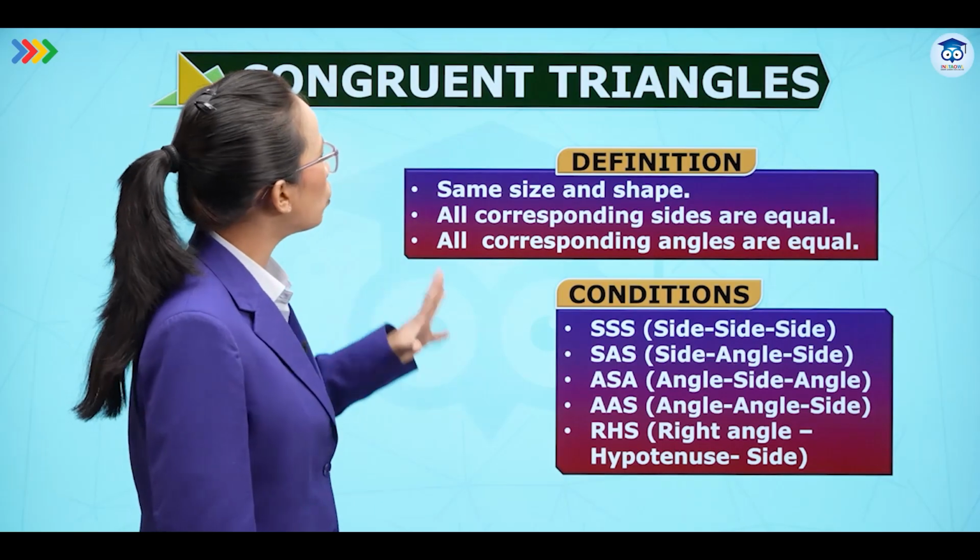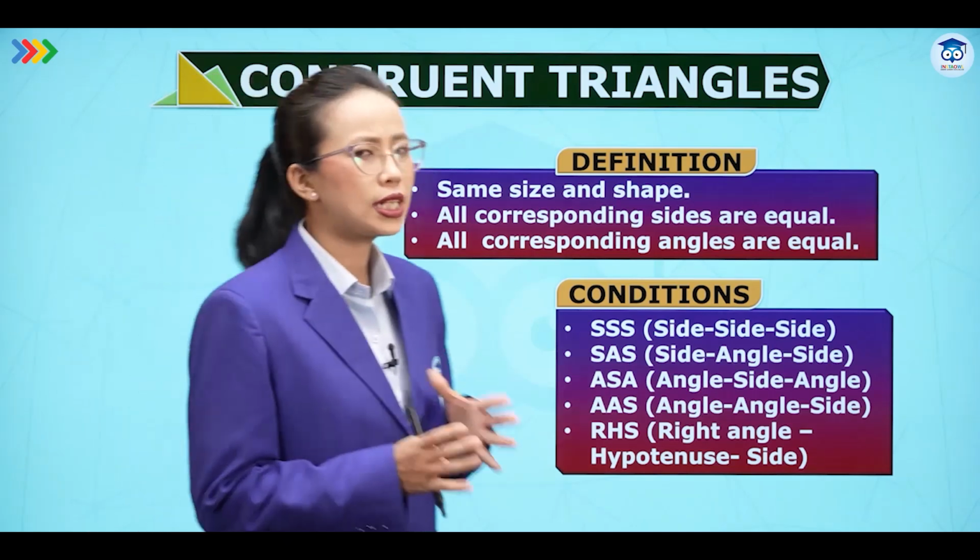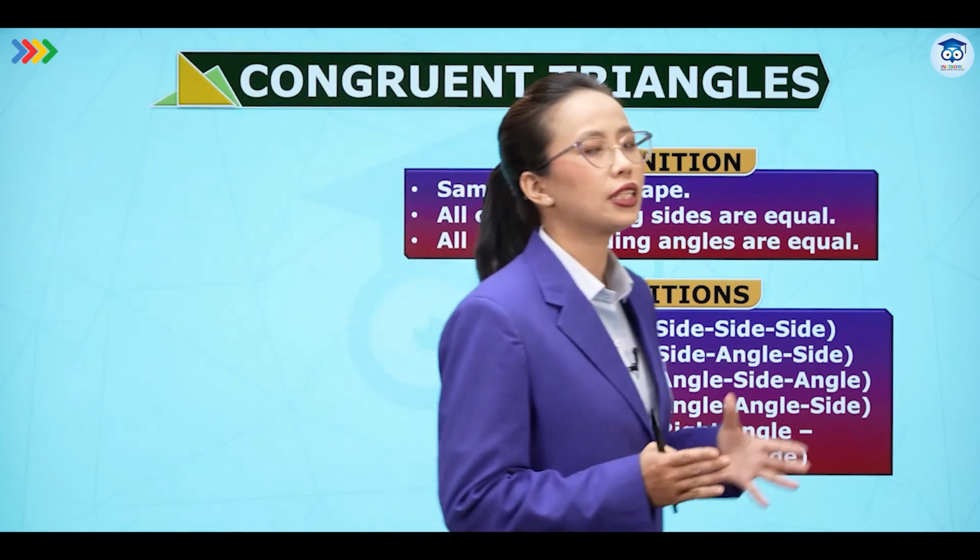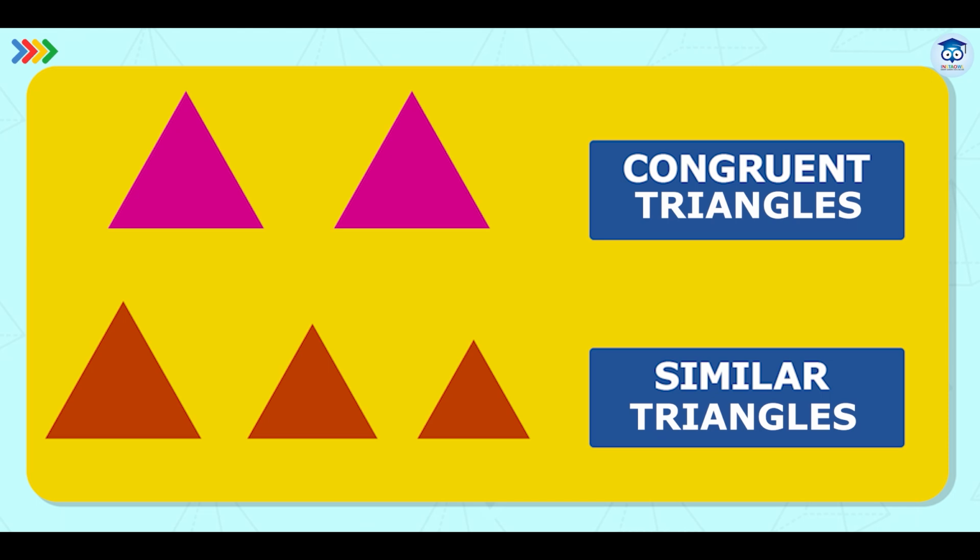Next, the congruent triangle. So what is the difference between similarity and congruence? In similarity, it should look the same. But in congruence, it should be of the same size and the same shape. Similar figures have the same shape, not necessarily the same size.